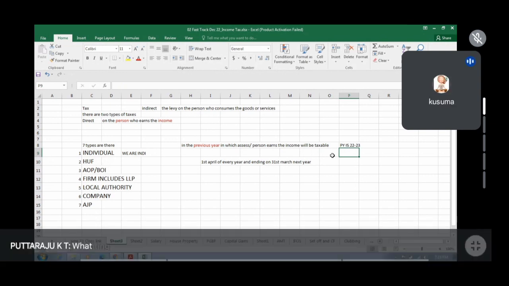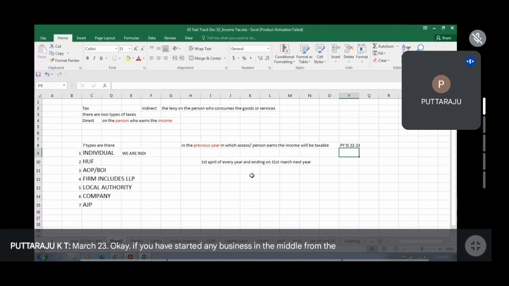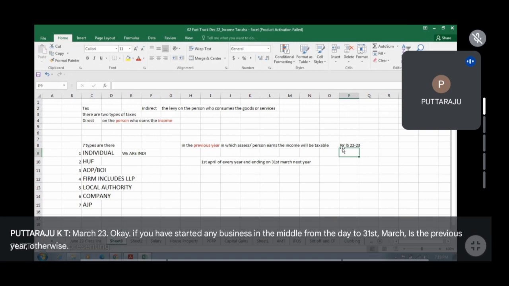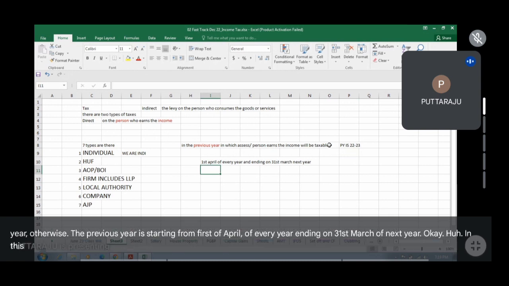April 22 to March 23. If you have started any business in the middle, from that day to 31st March is the previous year. Otherwise, the previous year is starting from 1st of April of every year, ending on 31st March of next year. In this year, if you earn any income, it will be taxable in the next year.